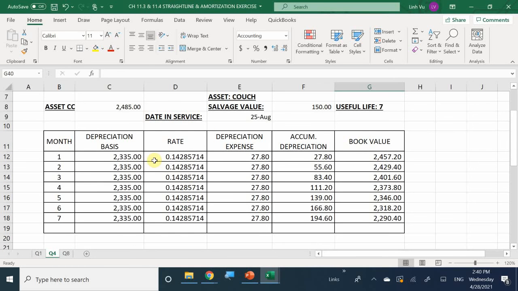On my second, for the rate, I did 1 divided by 7 times 1 divided by 12 to get 0.01. And I did the equal round in the depreciation expense formula like I did above, and I got the same exact answer. I was just curious last night if it would come out the same, and it did.